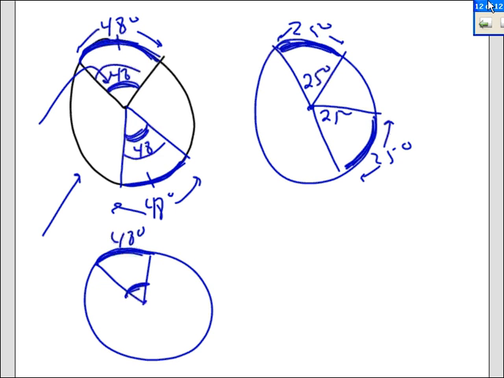If this angle and that angle are the same, then the arcs that they cut off are the same. Okay, so those are two theorems. If in a given circle or congruent circles you have two arcs that are the same, then the central angles are the same. If you have two central angles that are the same, then so are the arcs.